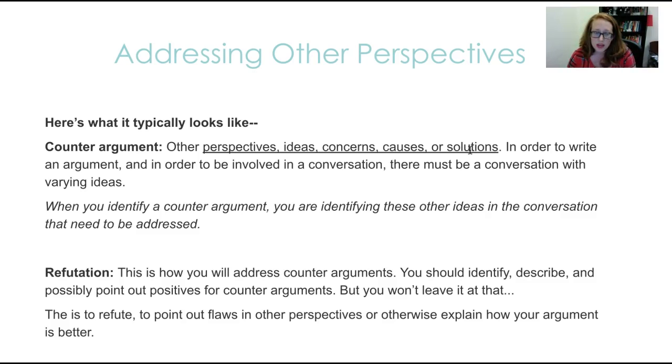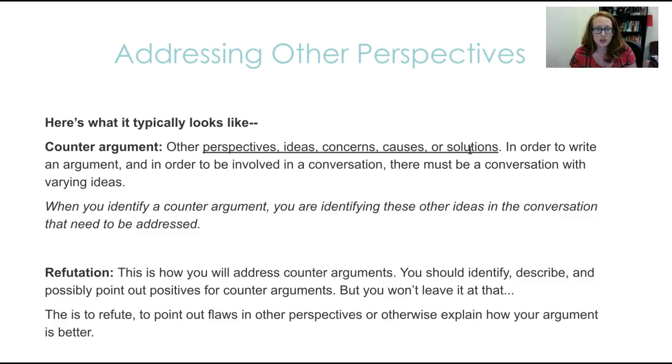And in order to write a good argument, you have to be involved in a conversation. So there must be a conversation with varying ideas. There's no such thing as you're making an argument and there's nothing else involved in the conversation. You have to figure out where the conversation is taking place. So for instance, there may not be a for or against, or a right or a wrong. It may be over what the causes are or what the possible solutions are.